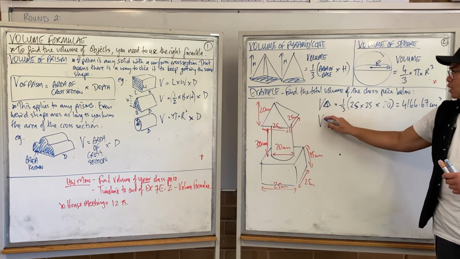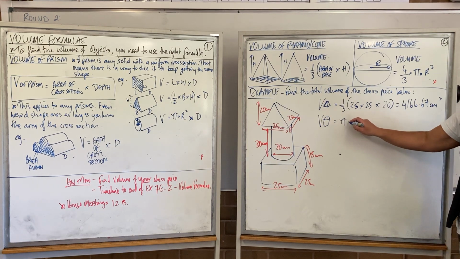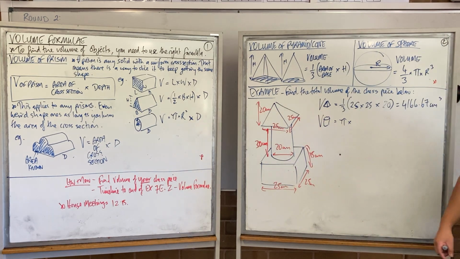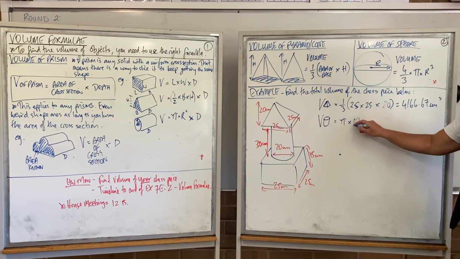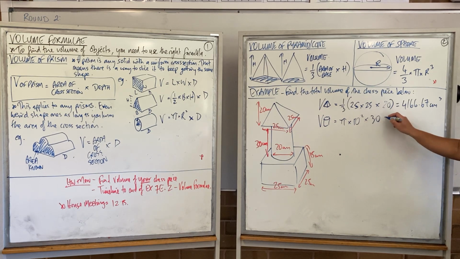Volume of the cylinder in the middle. A cylinder is a form of prism. What shape is the end of a cylinder? Circle. So what's your formula for the volume of a cylinder? Pi times the radius squared times the depth. I'm told there's 20 across, so what would the radius be? 10 squared times by the depth of it, which is 30, because it's 30 centimeters tall.